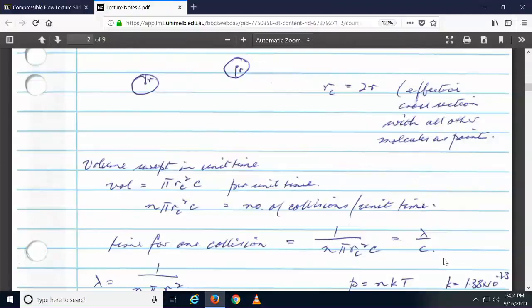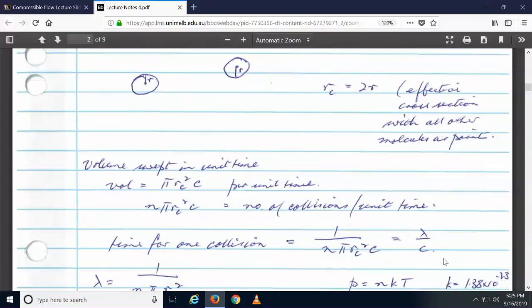So in unit time, it'll sweep out a volume pi R c squared times c. So how many collisions with points would there be? Well, in that volume, there are lowercase n molecules per unit volume. We're going to say that P is nkT, and we're going to work out how big n is in a minute.